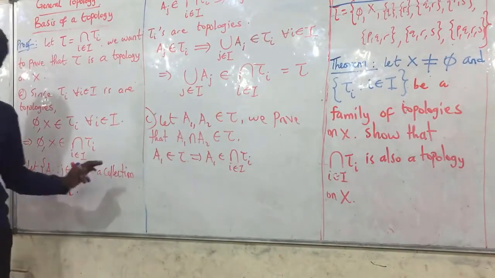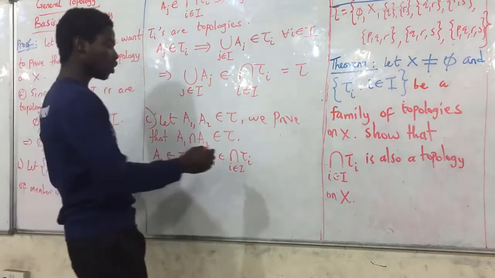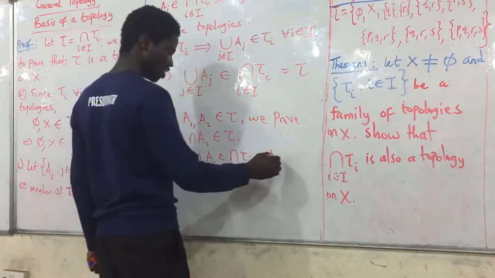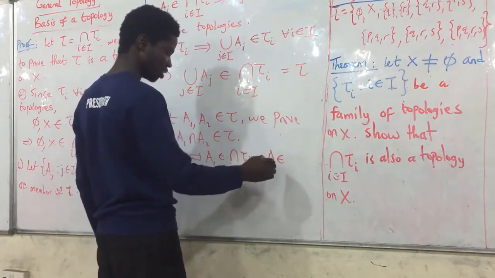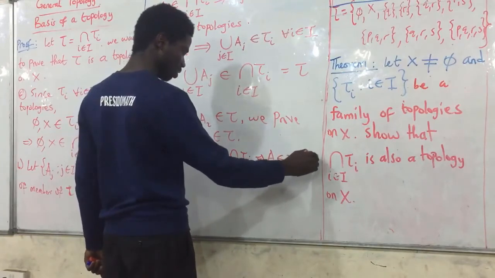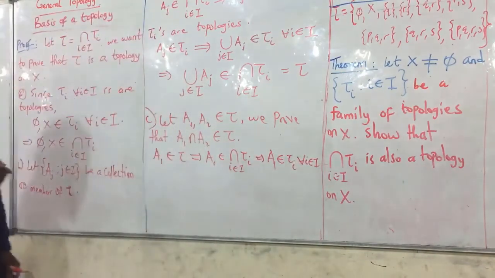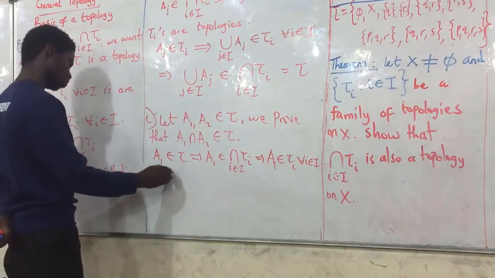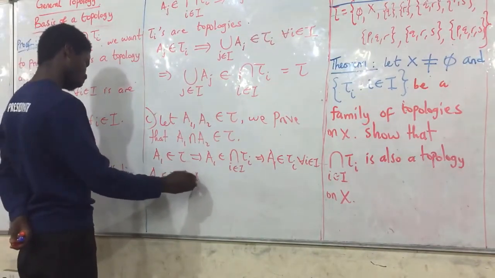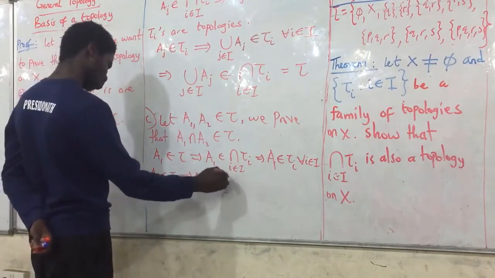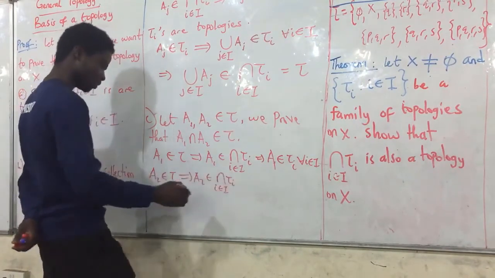And it also means that A1 is inside T_i for all i in I. A2 belongs to this one, it also implies that A2 belongs to the intersection, right?